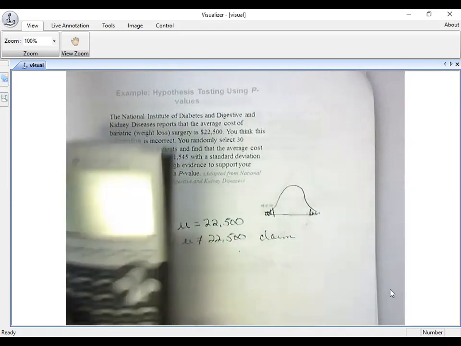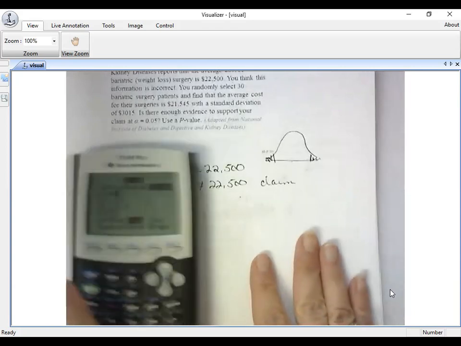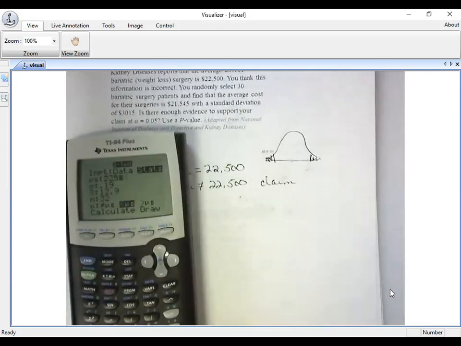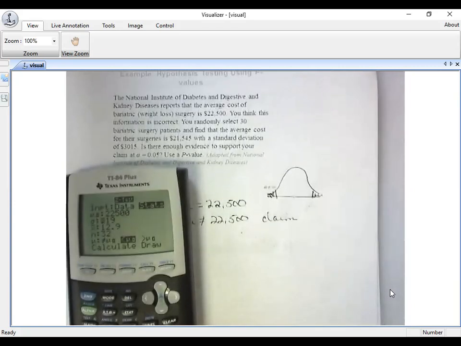Now, are we wanting to do it this way? Of course, okay. So tell me where to go. Do you remember? Stat tests. Which one? Very good, a z-test. Okay. What would we put in for the mean on this question? 22,500. What would I need to put in for sigma? Which, by the way, I didn't ask you this. Did you see normally distributed anywhere? But there's 30, so we're good.